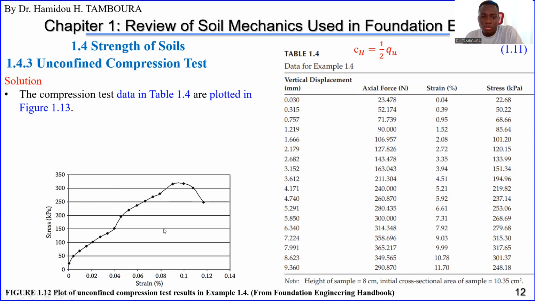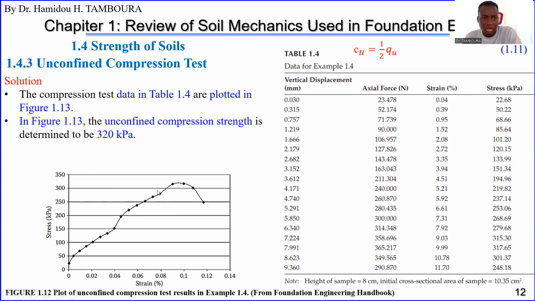Based on this graph, we say that the unconfined compression strength is 320 kPa. It is around here, which is just the maximum of this curve, because after reaching the maximum, we see the sample is not strong anymore. The strength is becoming weaker and weaker.